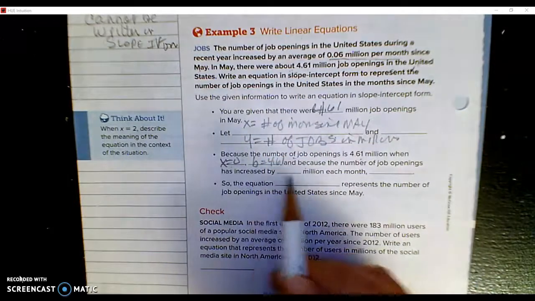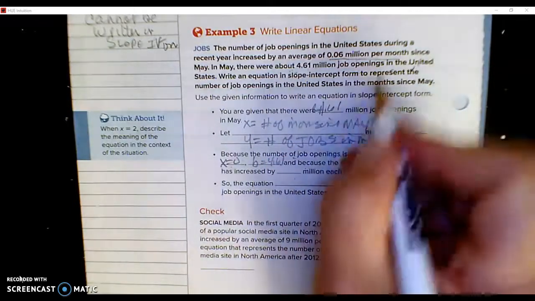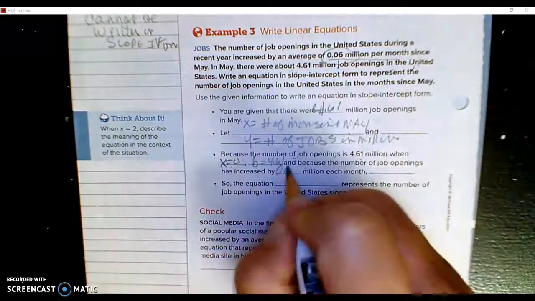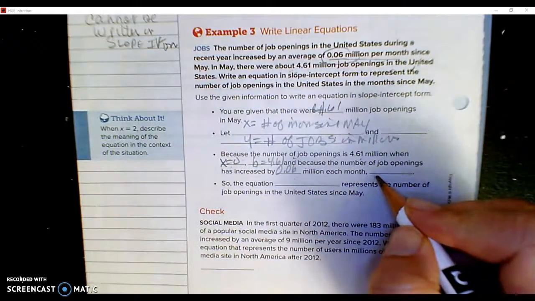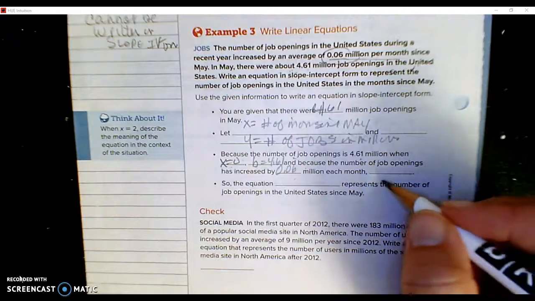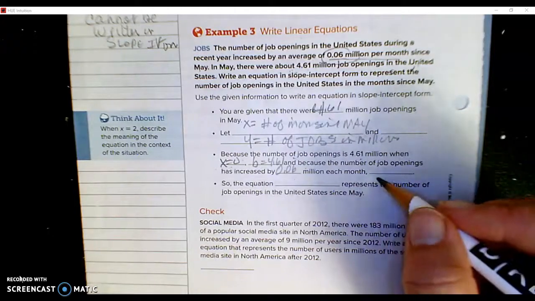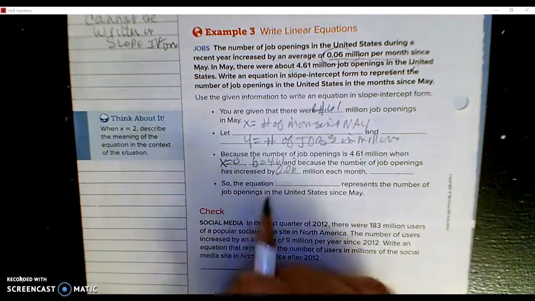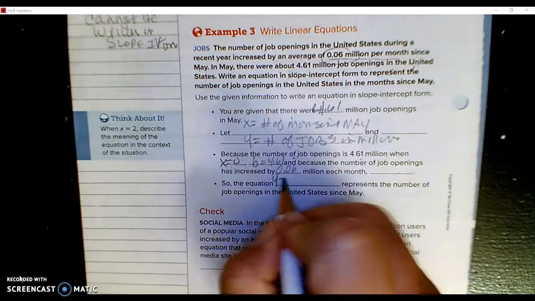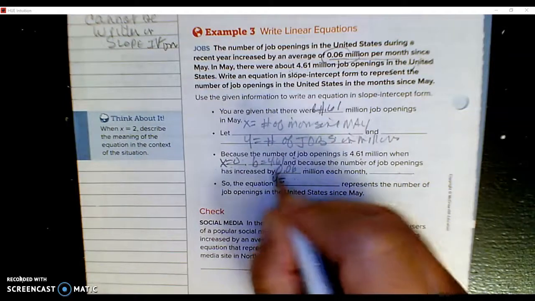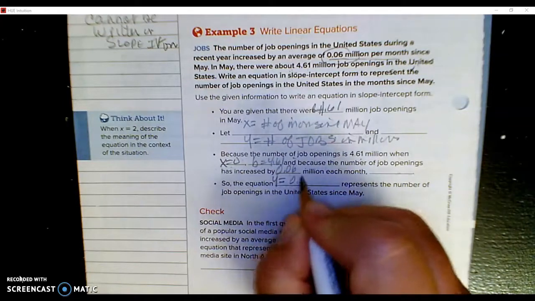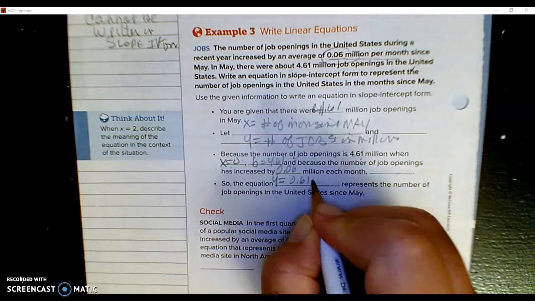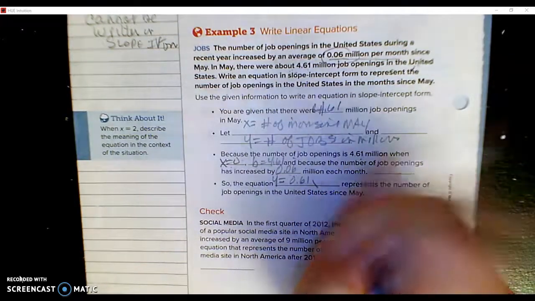We know it increased at a rate of 0.6 million per month. I think there's a typo there. So our equation essentially is going to be y equals, this is my rate, 0.6x, sorry.